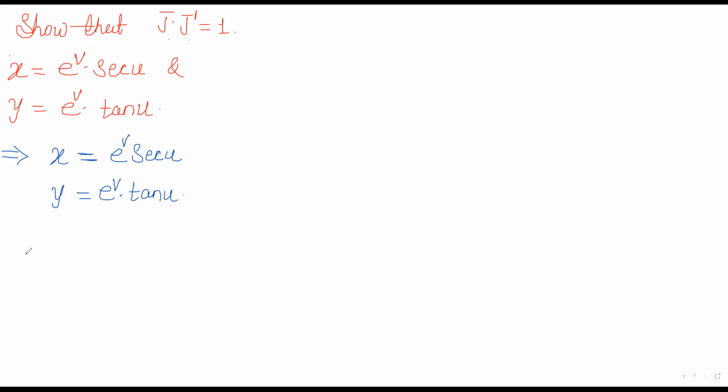Okay, so finding out first j, Jacobian of xy with respect to u and v, taking determinant of their derivative xu, xv, yu, yv. Okay, which is equal to determinant of derivative of x with respect to u, derivative of sec u, it is sec u tan u.